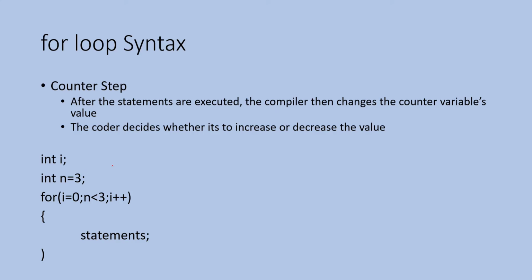And this is the last step. It's called the counter step. This is the increment or decrement or the compound assignment if you want. So after the statements are executed, the compiler changes the counter variable's value. The coder decides whether you want to increase or decrease the value.